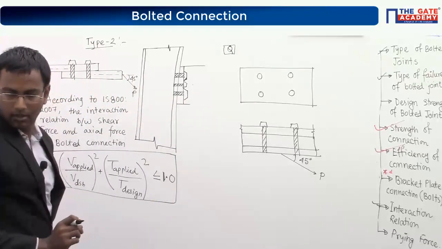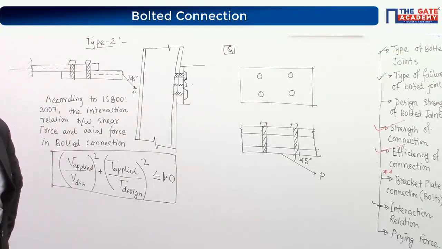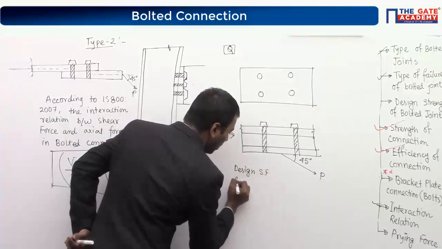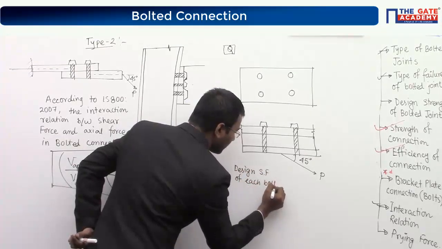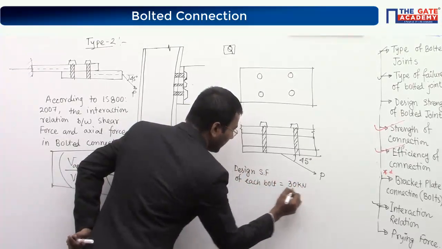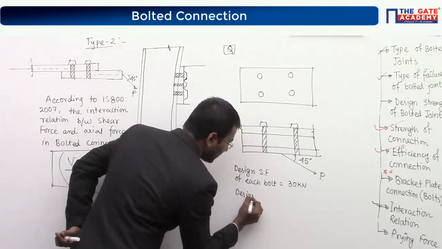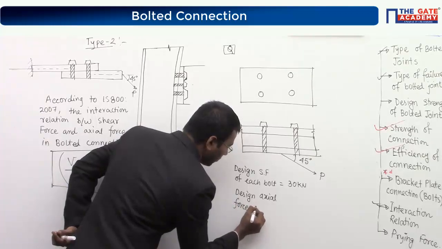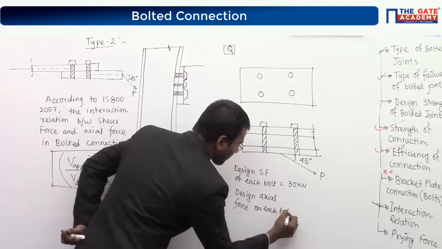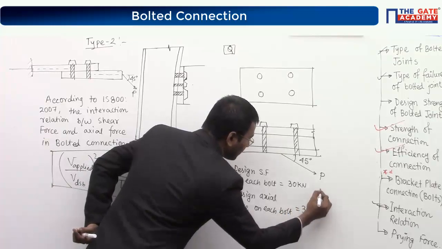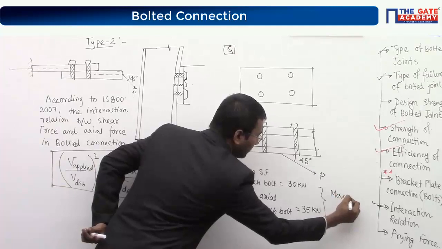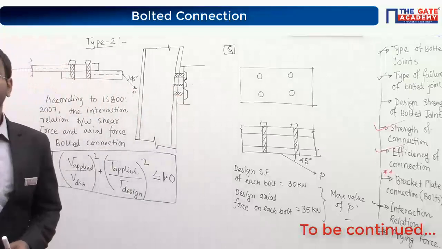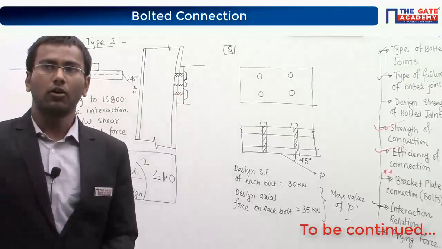In this case, given that the design shear force of each bolt equals 30 kilonewton and the design axial force for each bolt equals 35 kilonewton. Find out the maximum value of P in terms of kilonewton.